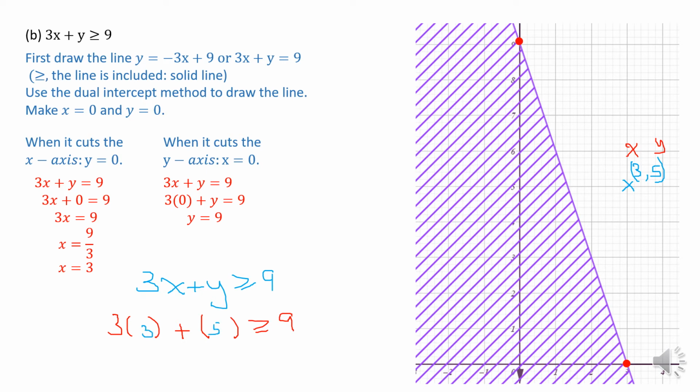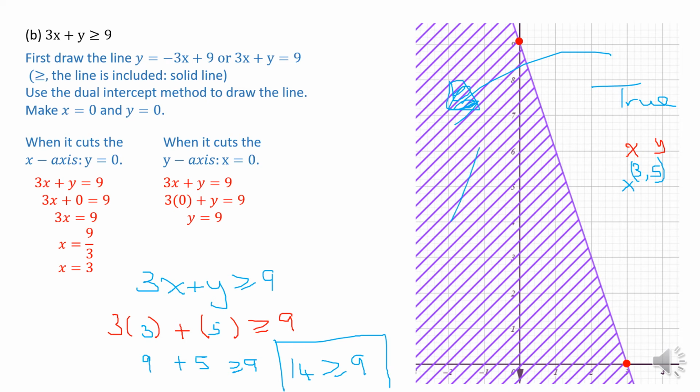So 3 times 3 is 9, and 9 plus 5 is going to be greater than 9, because 9 plus 5 is 14, and 14 is greater than or equal to 9. So this region here is true, and because it's true, you shade on the opposite side. That is why we did the shading here.